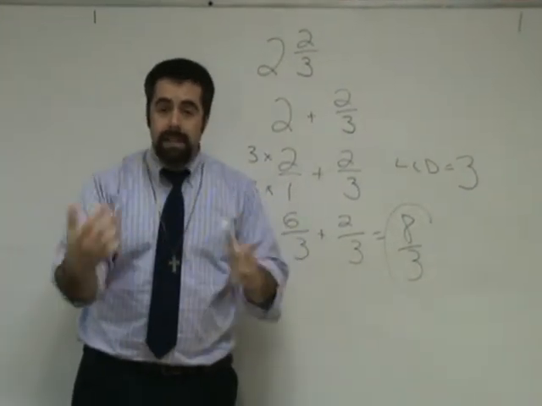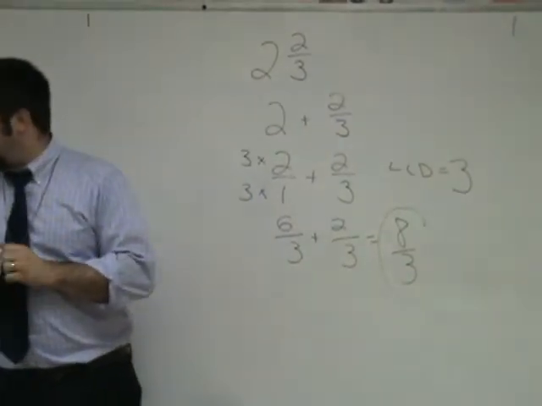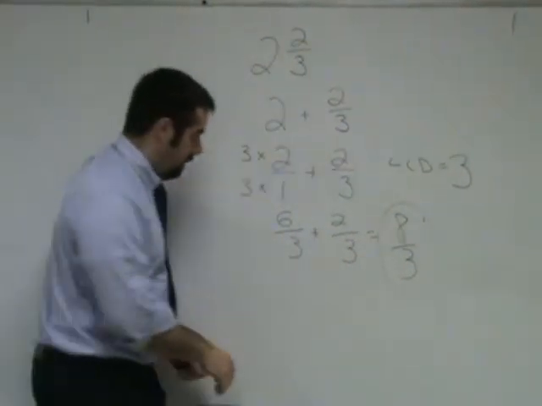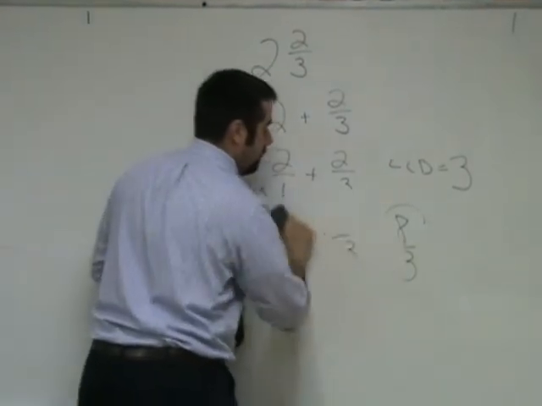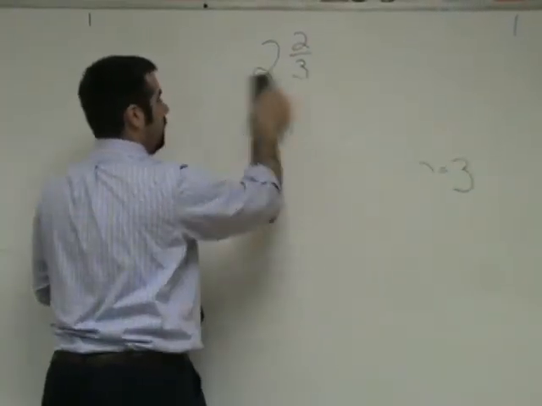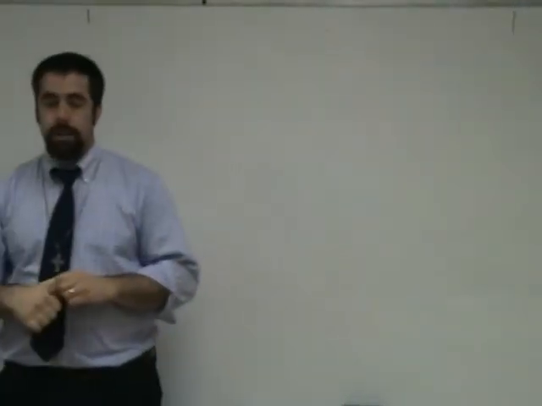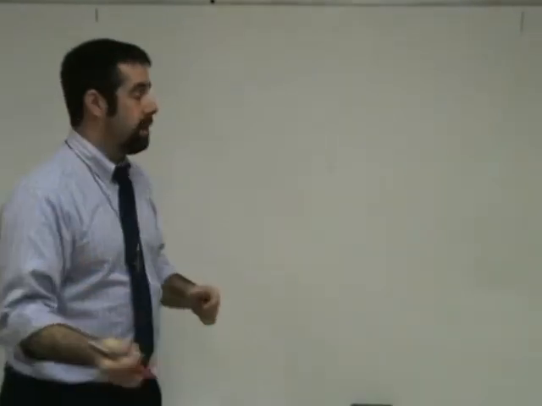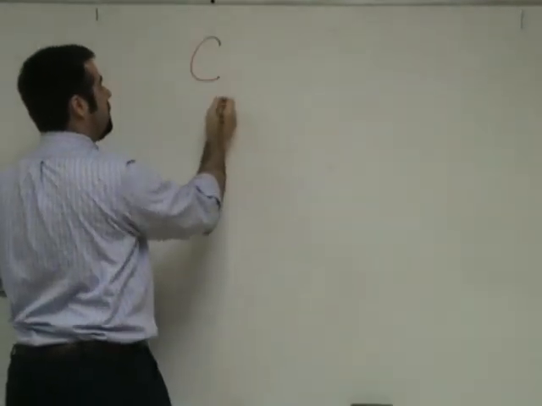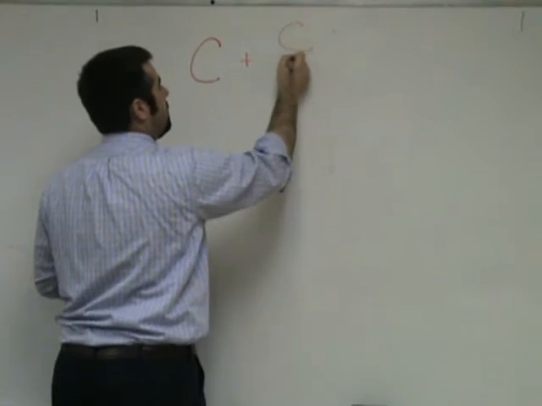We can think about that exact same thing when we're talking about an algebraic expression. So if I wanted to write this expression as a fraction in simplest form, c plus c over 5.